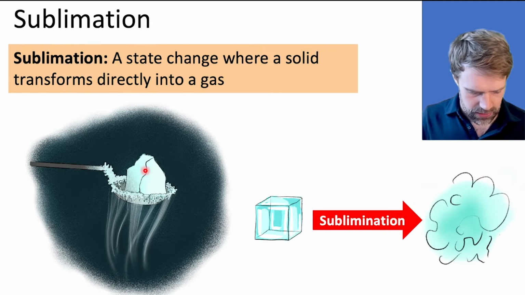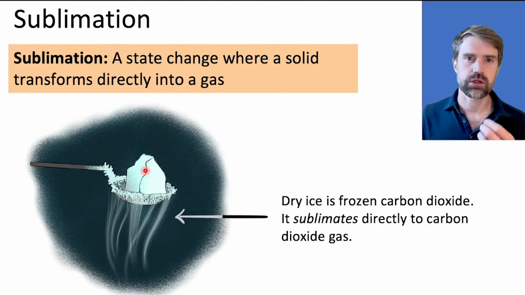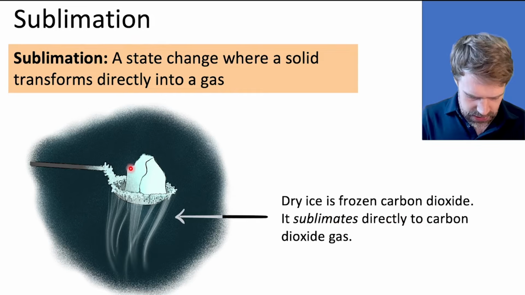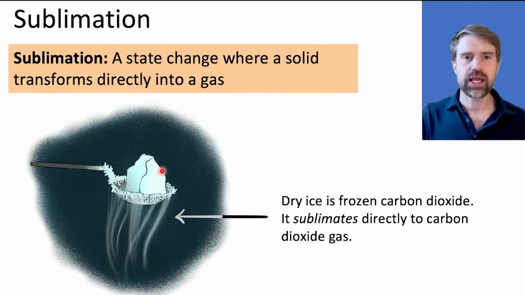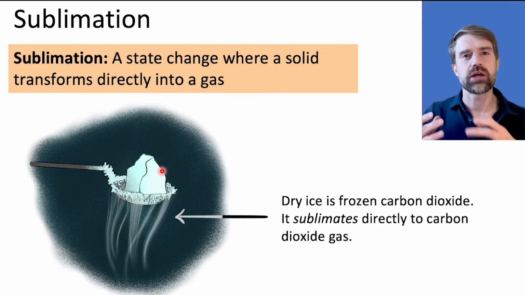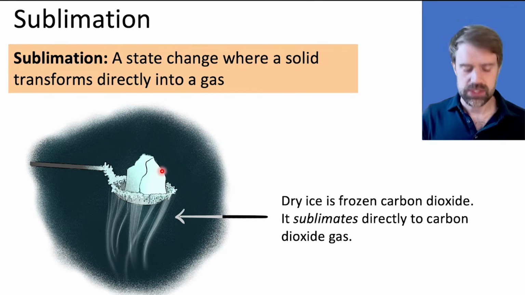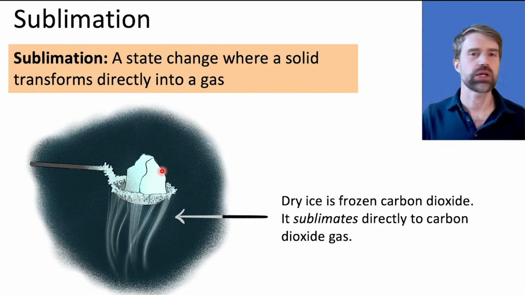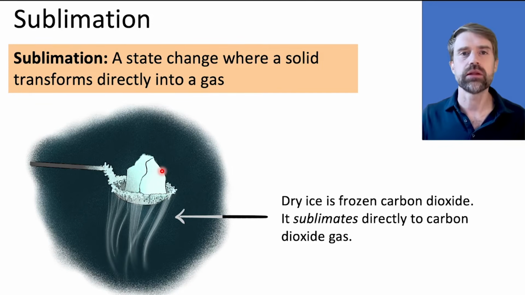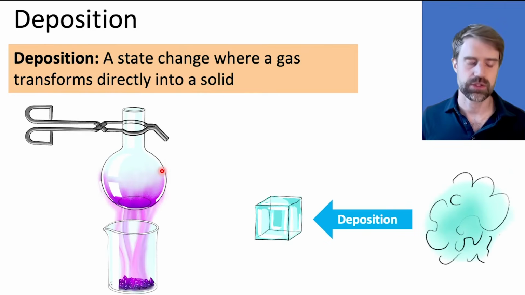Dry ice does this. Dry ice is frozen carbon dioxide. It looks like a white solid. We've got some right here. And it's super cold. When you take dry ice out of the freezer, though, it doesn't melt. It sublimates directly to carbon dioxide gas. In other words, you never get liquid carbon dioxide.